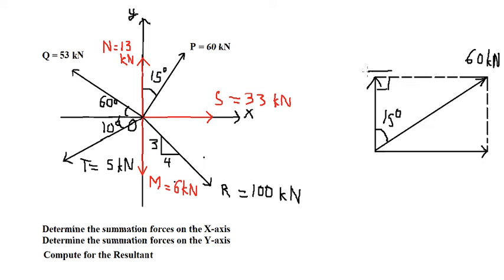If we look at this triangle in here, we have the angle. We can find this one and this one because this value in here is equal to this value in here.